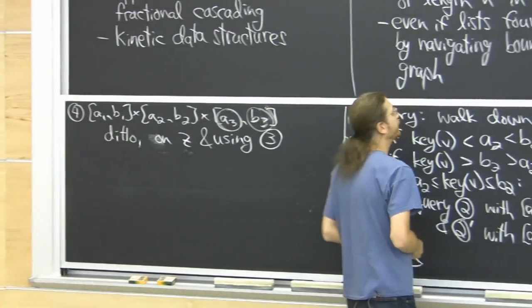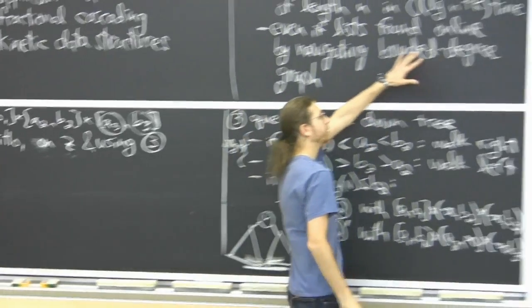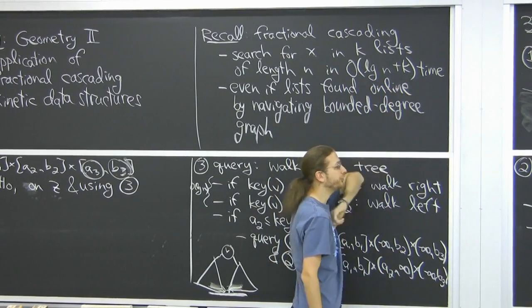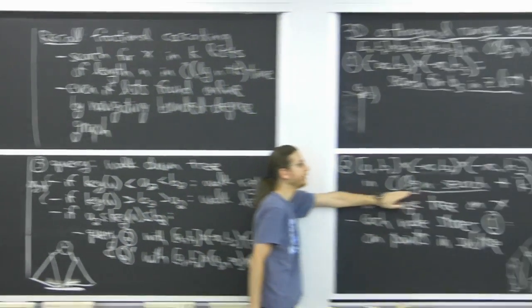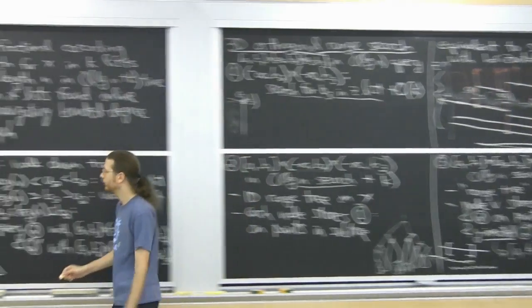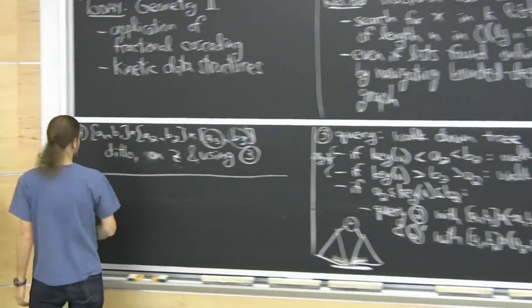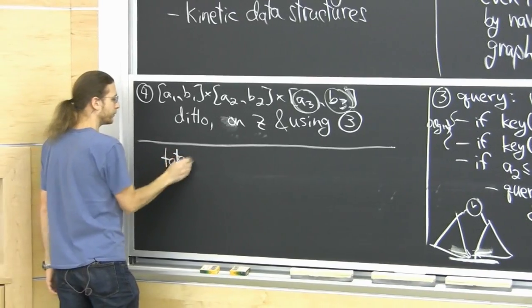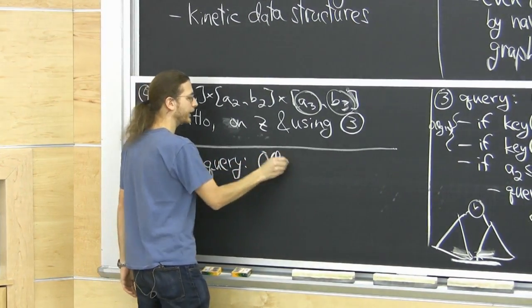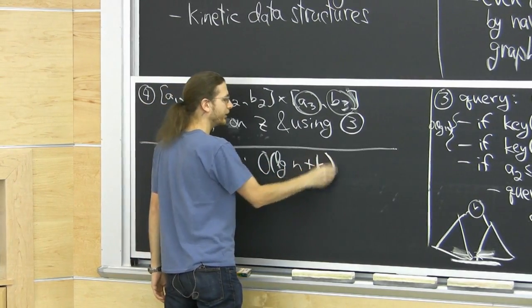But that's fine. And in the end, we get log n to do the first search, plus the number of searches. Number of searches is log n, plus k, where k is the size of the output. So total time is log n plus k.